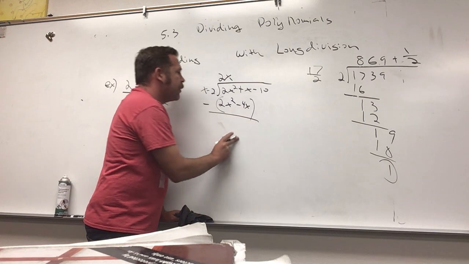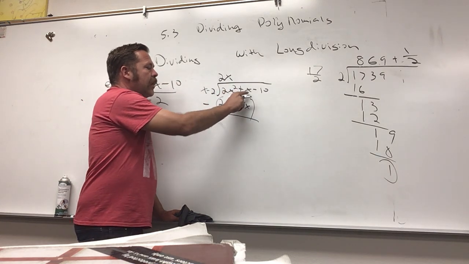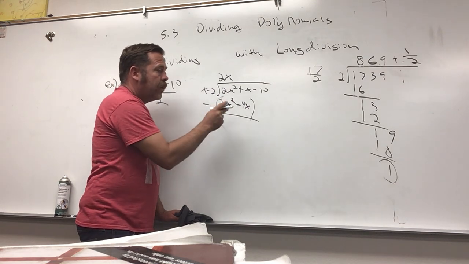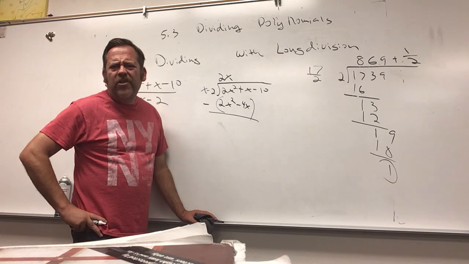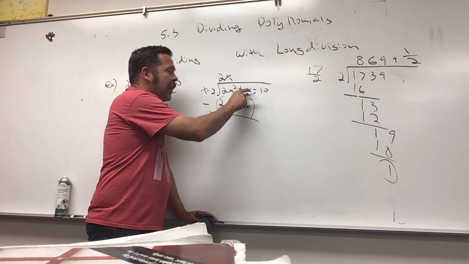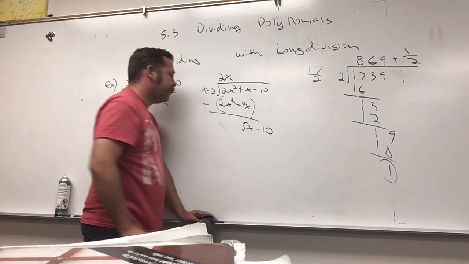I'm going to subtract. 2x squared minus 2x squared is 0. x minus negative 4x gets a little tricky with the minusing of the negatives. Remember I said to add the opposite, so that would be x plus 4x, which is 5x, minus 10.